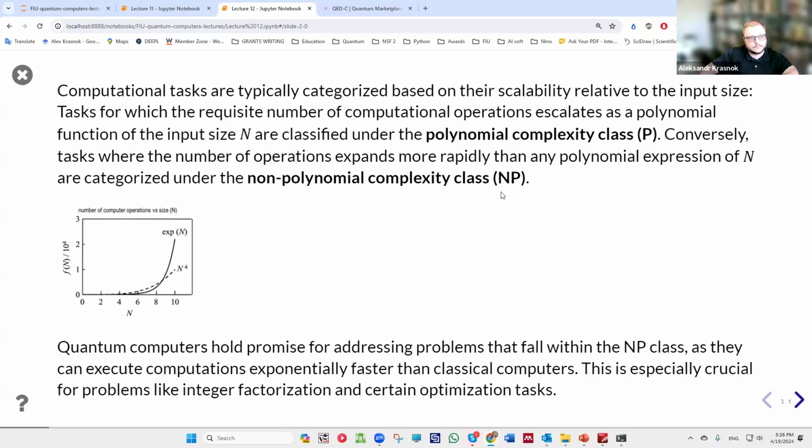The answer is not really. A quantum computer is not the computer to compute things like 2 plus 2 or to multiply numbers. So it's different. A quantum computer will never replace a classical computer. It is a different machine for a different purpose.